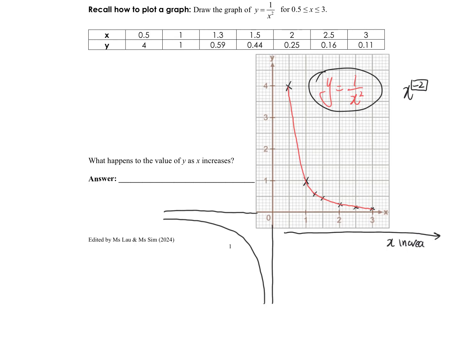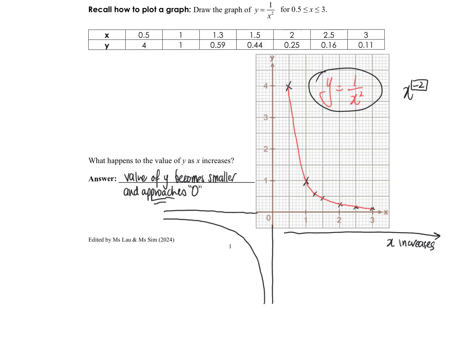So you can say that the value of y becomes smaller and approaches 0. Okay, the key word is approaches. Approaches means it will go infinitely, very, very near to 0, but it will never touch it.